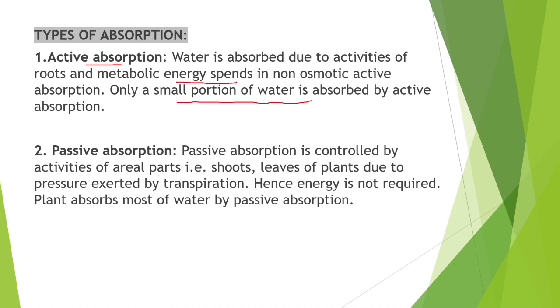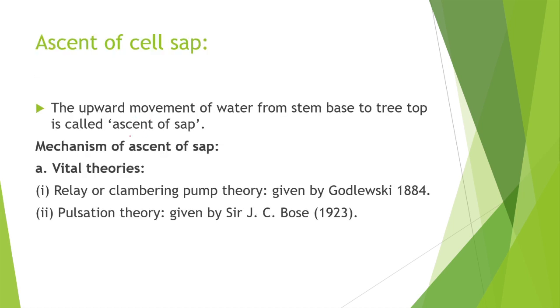Hence, energy is not required. Next important topic is ascent of cell sap. The upward movement of water from the stem base to the tree top is called ascent of sap. So why is it called sap? Because it includes both the water and nutrients which move upward from the roots to the upper parts of the plant.